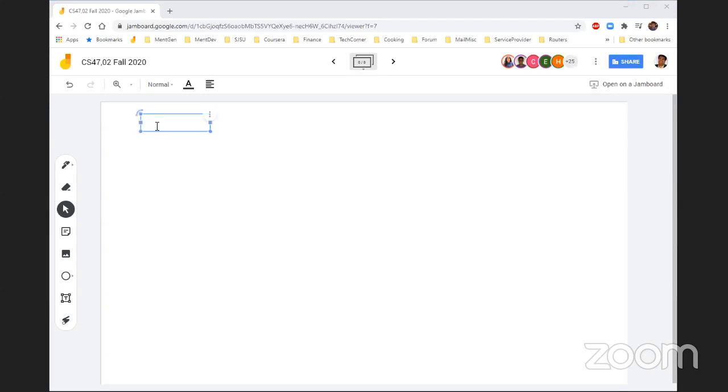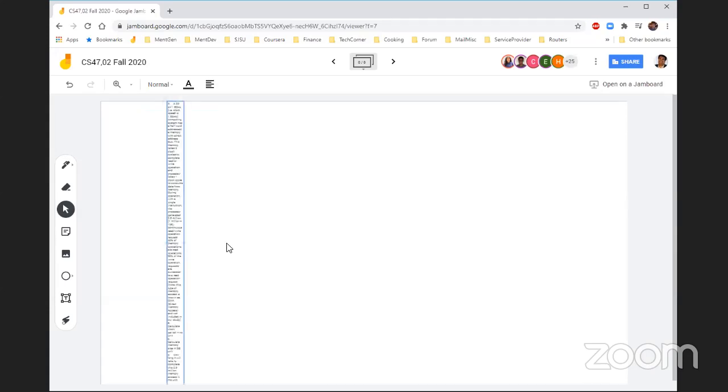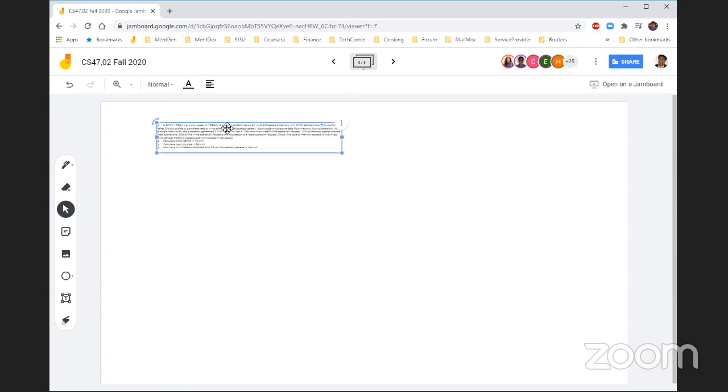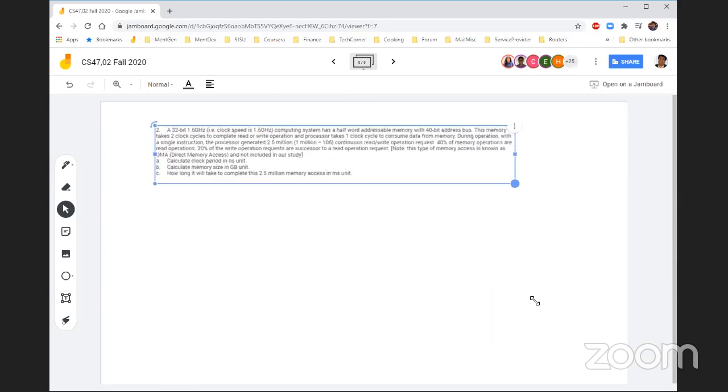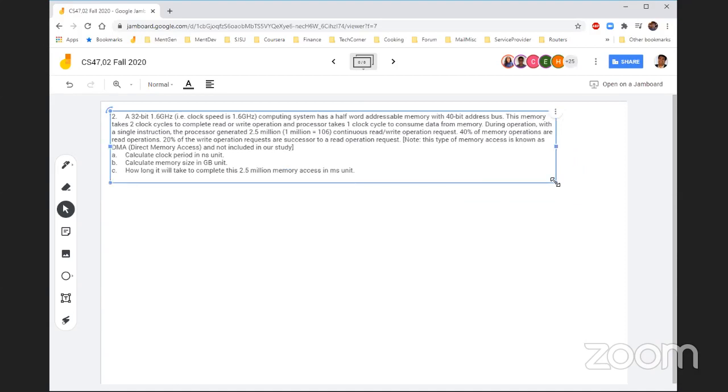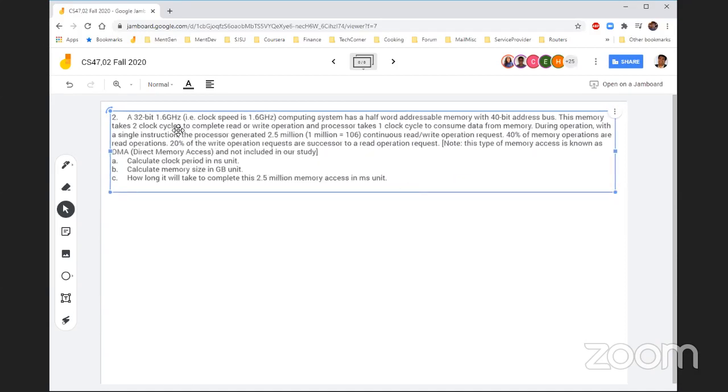Control-C, Control-Shift-V. Well, I guess it just auto-shrinks it then. Now you all can see it, right?